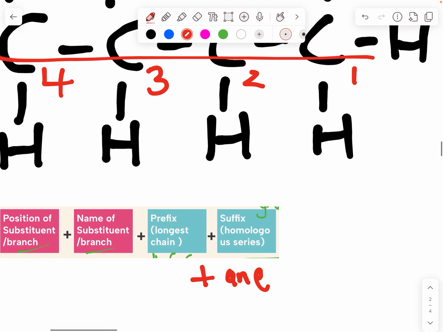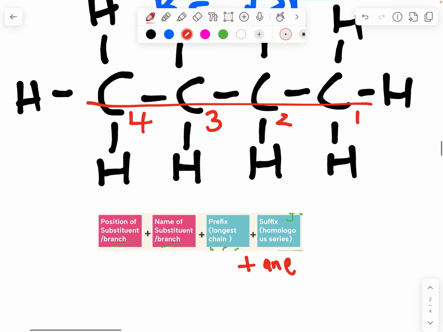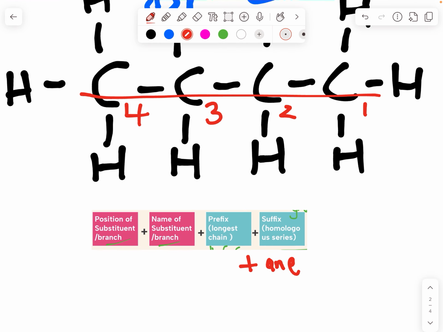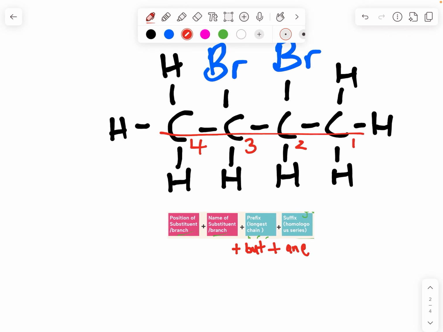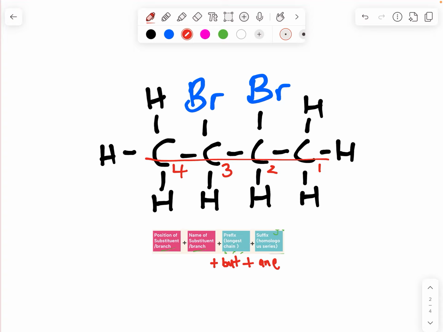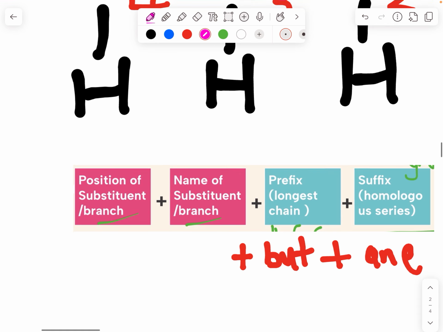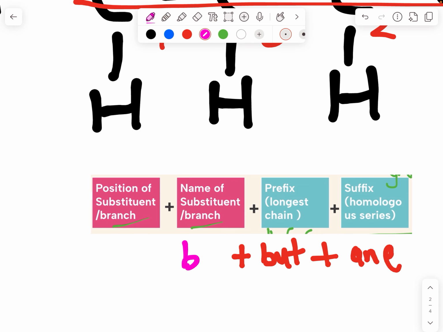Right, for the prefix, it's the longest continuous carbon chain. We have 4 carbons. 4 is but. And for the substituent, we have 2 substituents, and it's the same, so it still gets bromo.